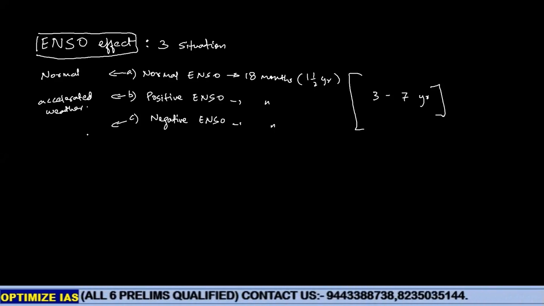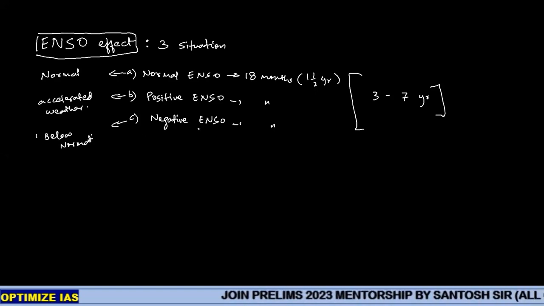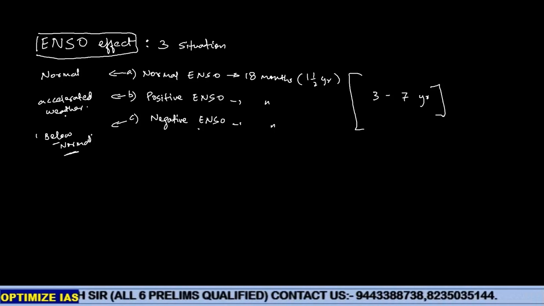Negative means your normal weather conditions will not be there. The behavior of the weather will be below normal. So in a negative ENSO, the behavior of all the weather conditions in the world will be below normal. Accelerated means above normal.